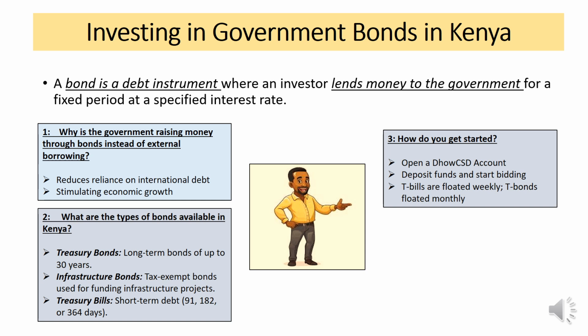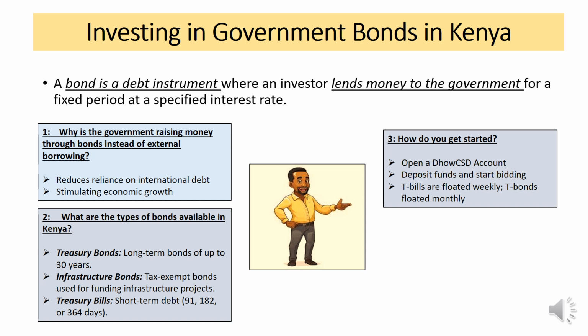Long before the central bank introduced a technology, the procedure of buying a government bond was quite hectic. You had to present yourself physically at the central bank, and they would give you a form called a CDS form.